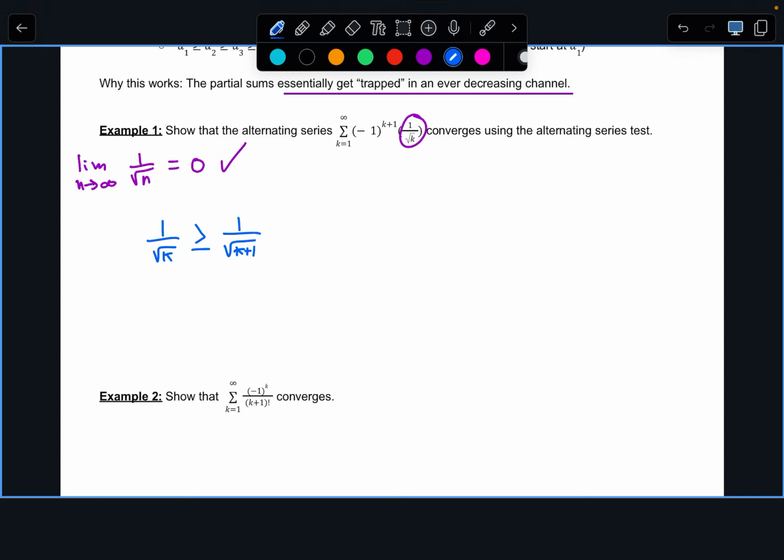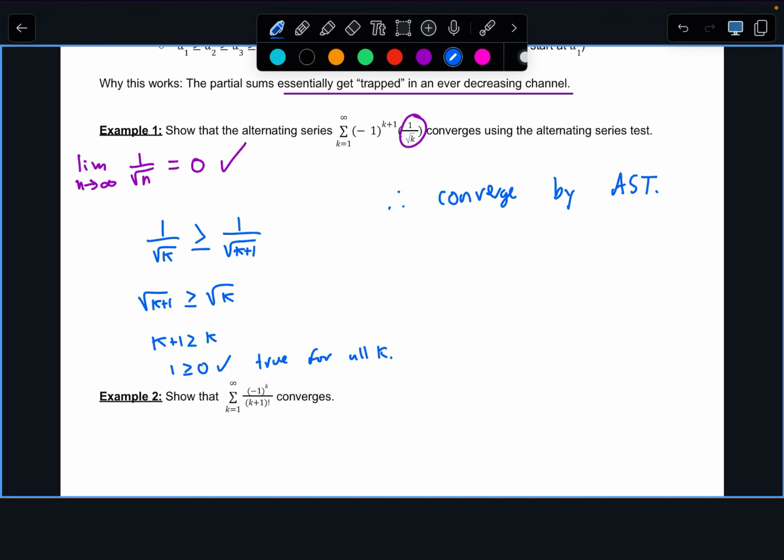Okay, and then that's easy to do. This is more or less a comparison test. We can say root k plus 1 is greater than or equal to root k. We can square both sides. K plus 1 is greater than or equal to k. Subtract k from both sides. 1 is greater than 0. This is true for all k. Okay. Therefore, we converge by the alternating series test.